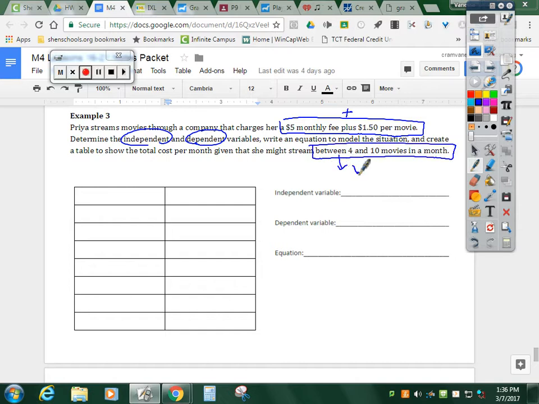Again, this is like screaming my name. They're giving me data to put in my table. Okay, so I'm going to let M equal the number of movies I've streamed. And I'm going to let C equal the total cost of my streaming. Now, the thing that is independent of any thinking is movies.